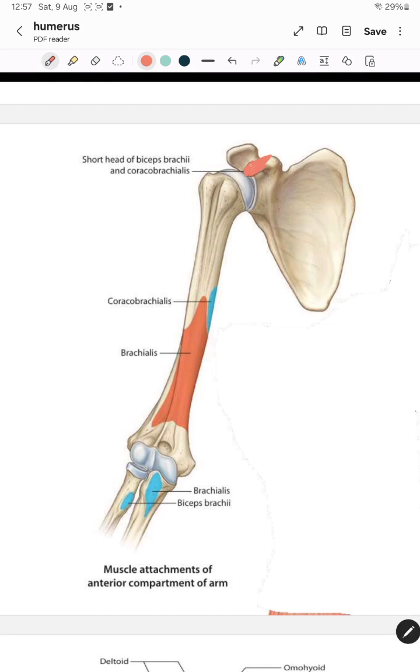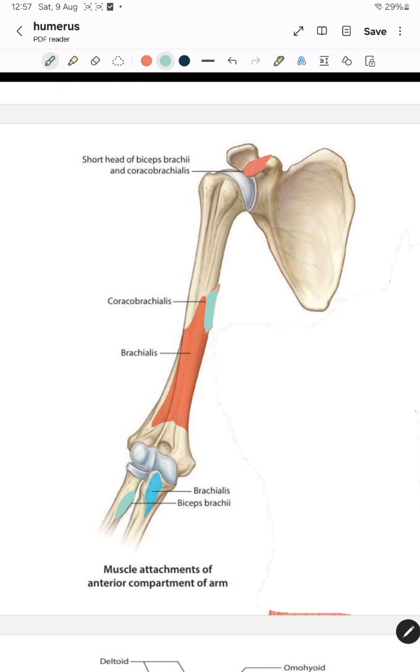Coracobrachialis will attach here, on the middle of the medial border of the humerus, and the biceps brachii will attach on the radial tuberosity of the radius bone.